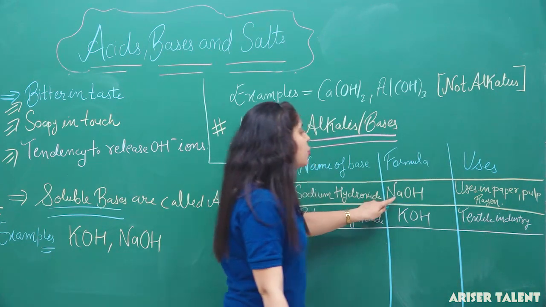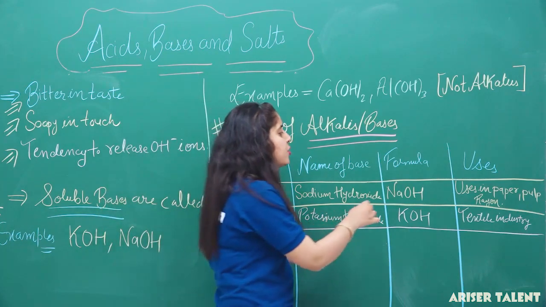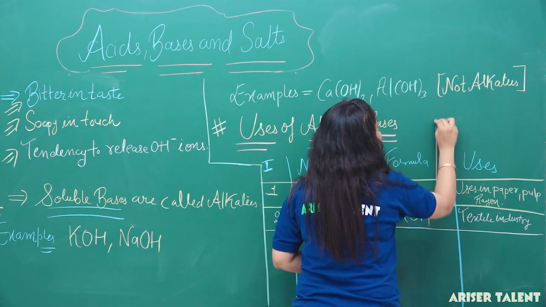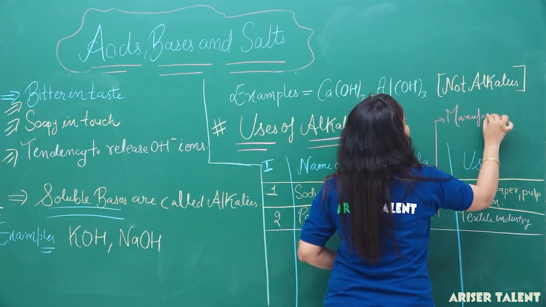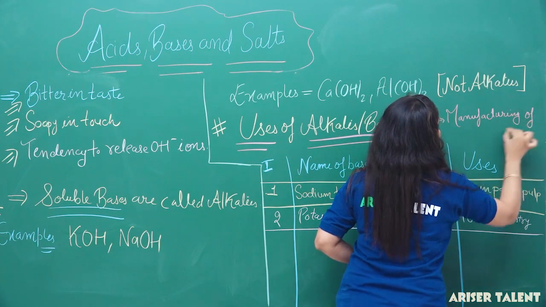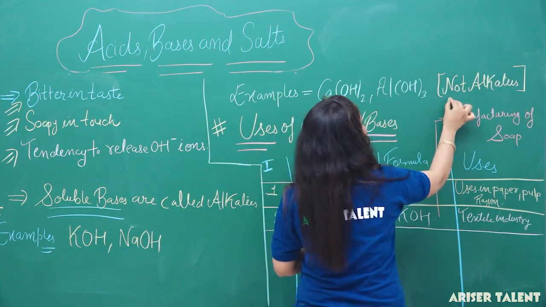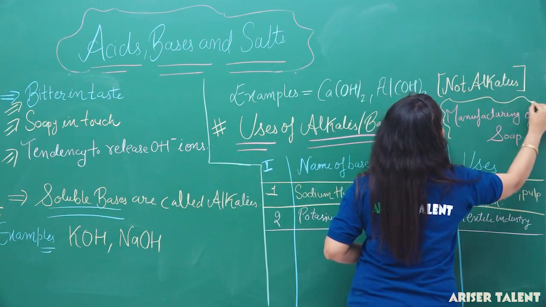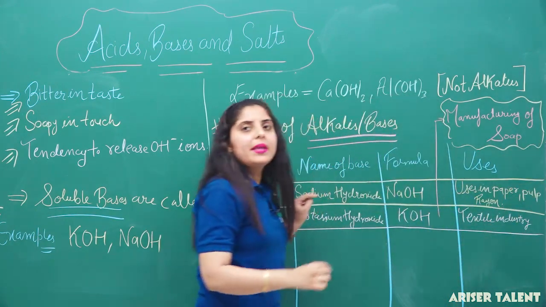And sodium hydroxide and potassium hydroxide are basically used in the manufacturing of soap. So their common application is manufacturing of soap. This is their common application.